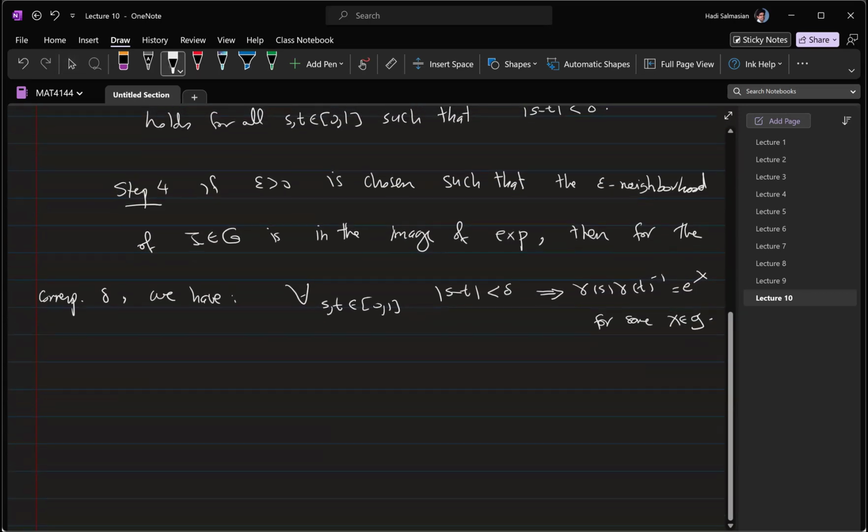Okay, so if I take 2 points on this curve that are images of, say, T1 and T2, such that T1 minus T2 is less than delta, then gamma T1, gamma T2 inverse, or gamma T2, gamma T1 inverse is exponential of something, okay? So now I just choose a bunch of points like T1, T2, T3, up to Tn.